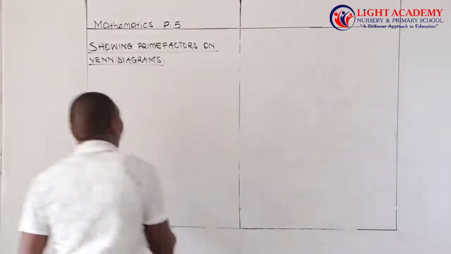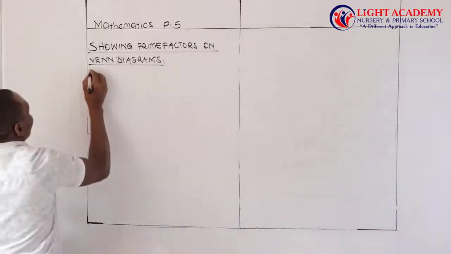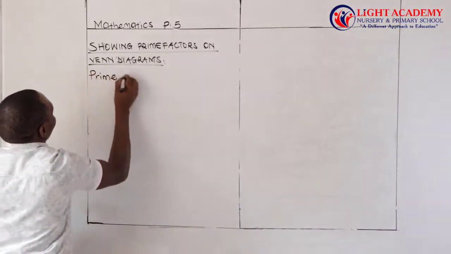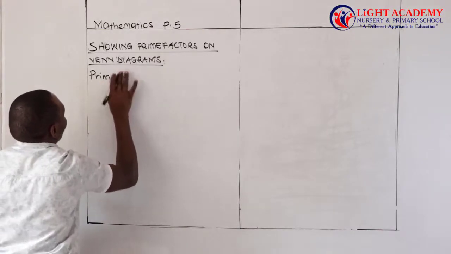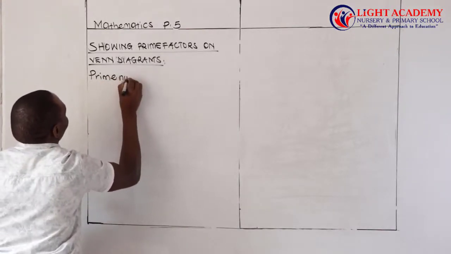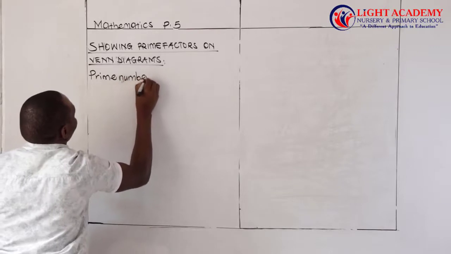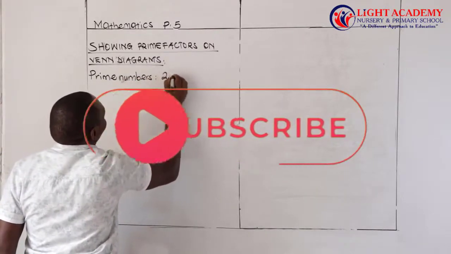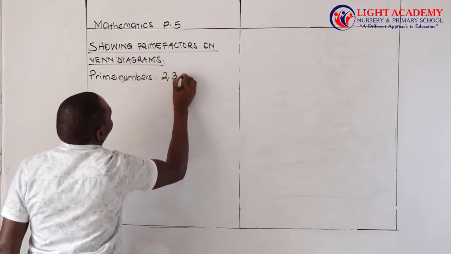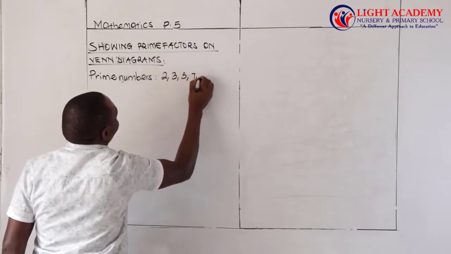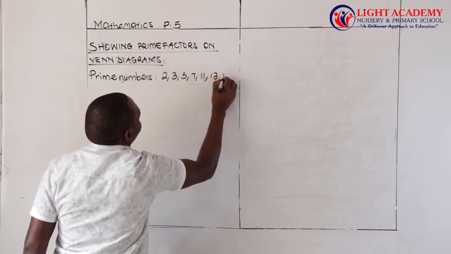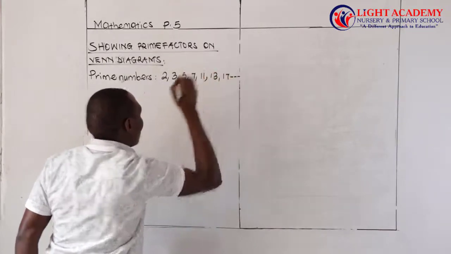However, we shall still use our prime numbers. These are very important. Once again, we can remind ourselves of the prime numbers. I'm just going to give some of them. For example, 2, 3, 5, 7, 11, 13, 17, and very many others.